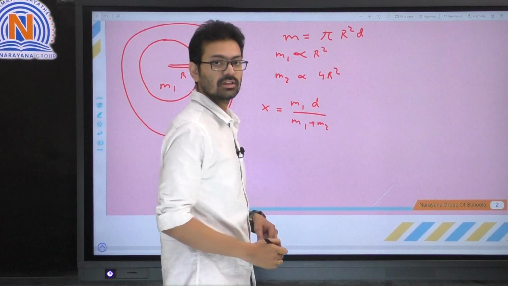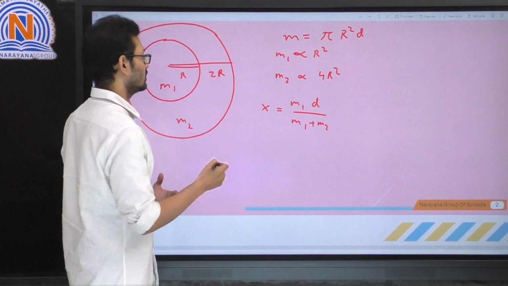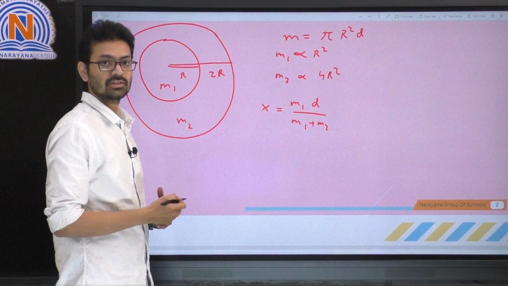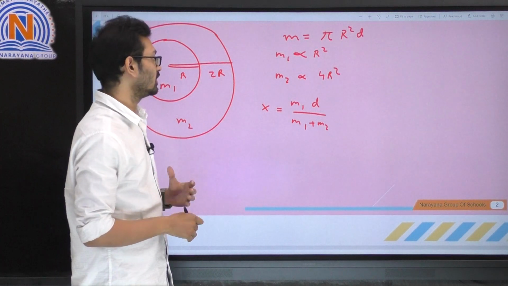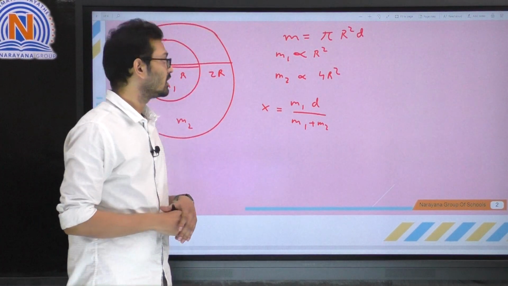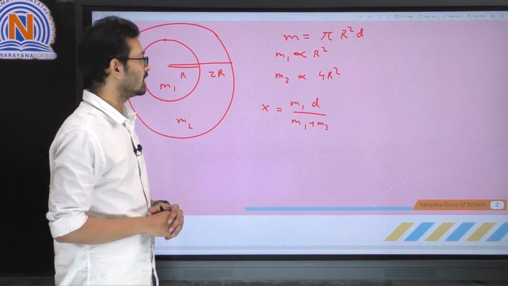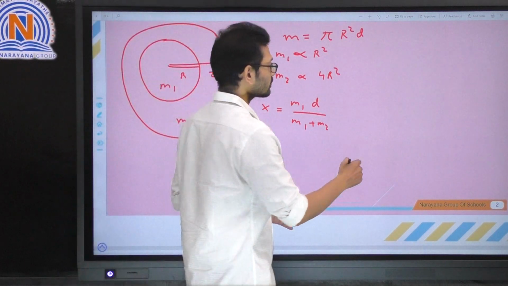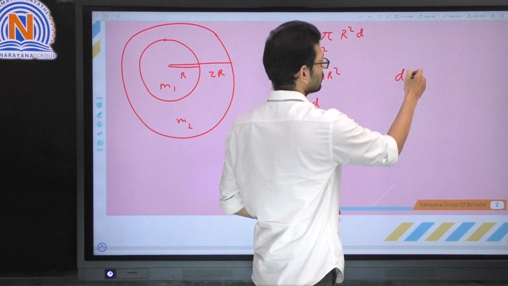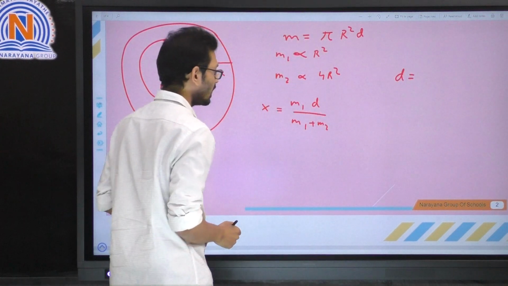Now d is nothing but the distance from the center of the bigger disk, which is of radius 2r. m1 is given as r square, and d is going to be equal to r.